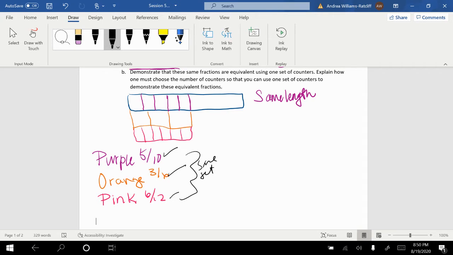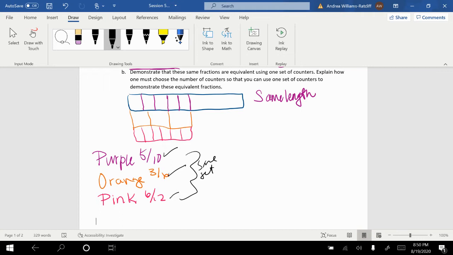So let's start out with this. Let's say I used 12 counters. That's fairly reasonable here in terms of looking at this. If I were to use 12 counters, I would be able to adjust this in terms of 6. I could regroup that.